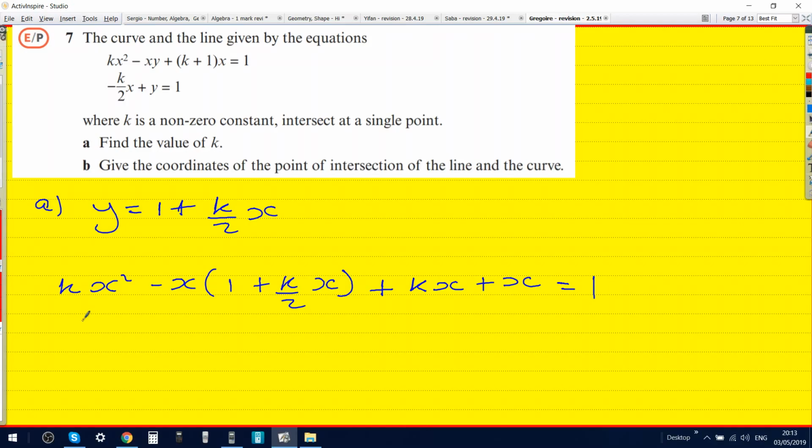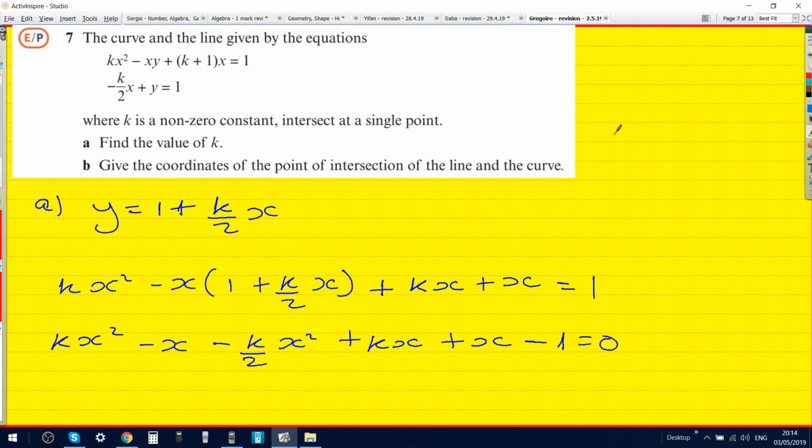So kx squared minus x plus k over 2x squared, and I'm going to say minus 1 equals 0.